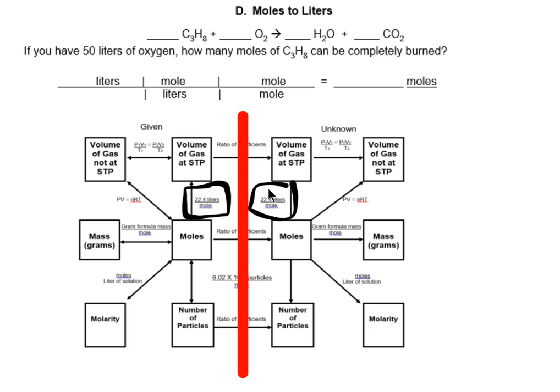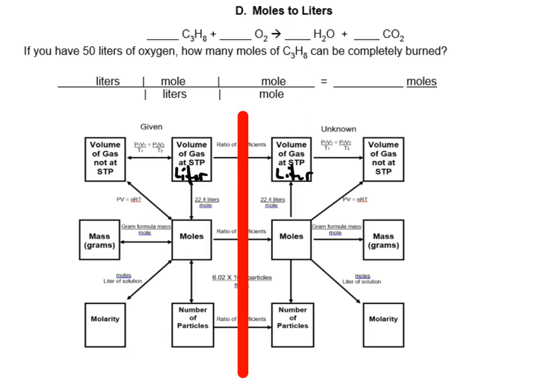So a mole of any atom or molecule occupies 22.4 liters. Do me another favor and write the word liter right here and over here. I know that most of you know the unit of volume is a liter, but on a test you forget easy things, so we'll make sure that's there.